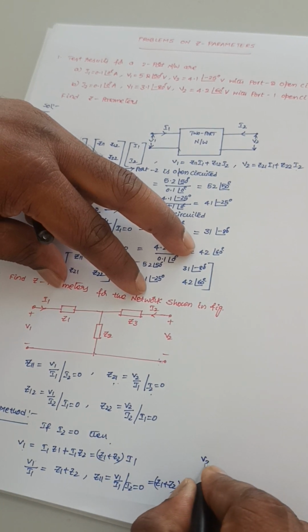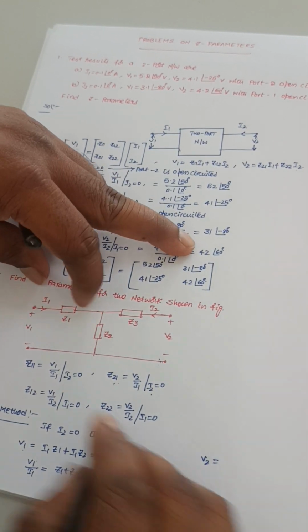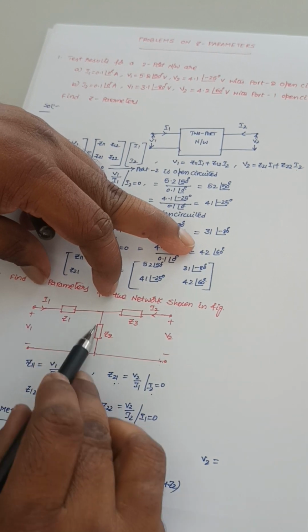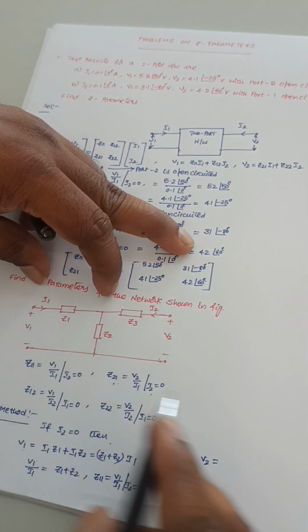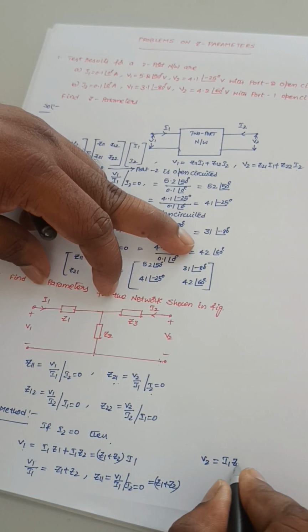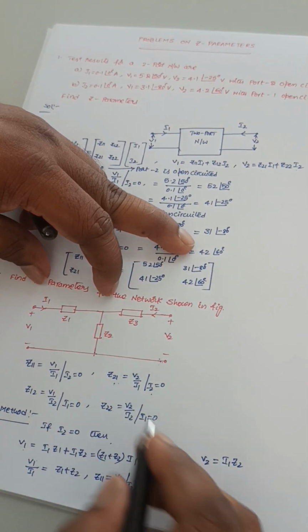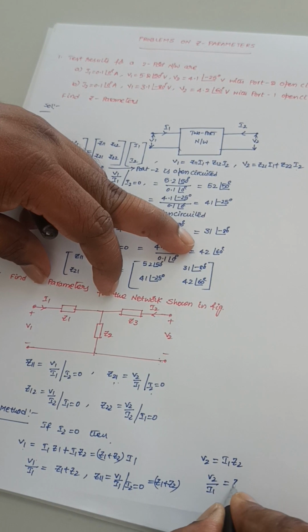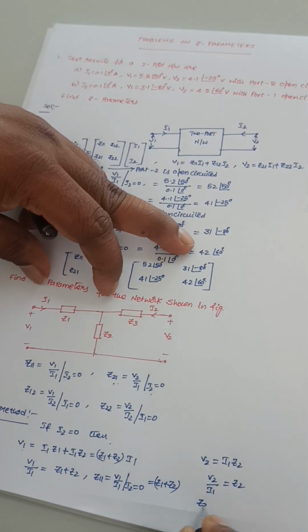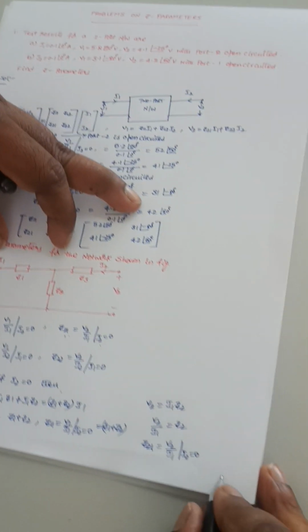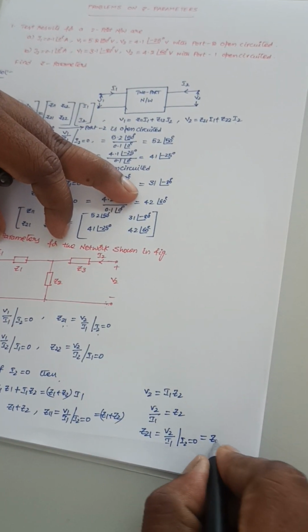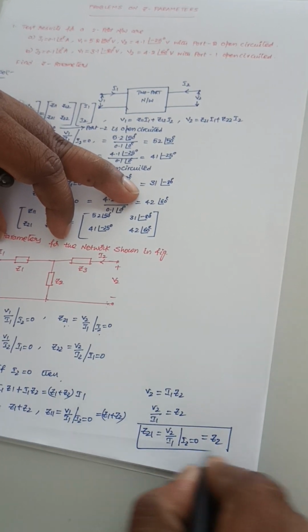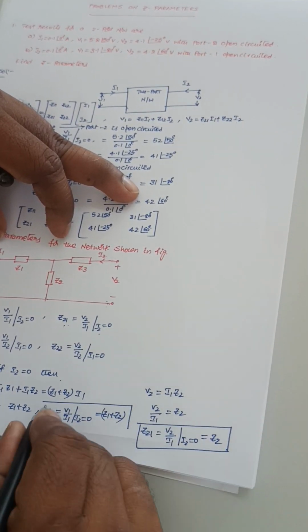The current flowing through this branch is I1, so V2 is equal to I1 into Z2. Then V2 by I1 is equal to Z2. So Z21 is equal to V2 by I1 at I2 is equal to 0, that is equal to Z2. So this is Z21 and it is Z11.